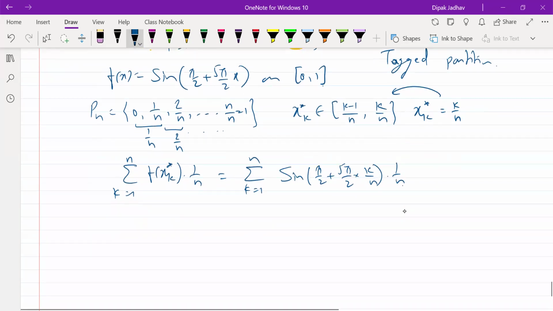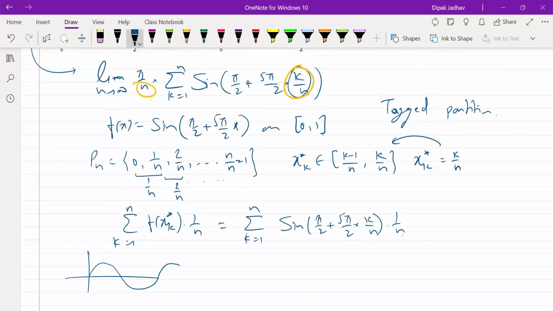Is that okay? In this case, we have chosen a tagged partition because the sine function keeps on oscillating like this. So computing supremum and infimum may be problematic. We may not get the exact limit if we try to use the definition of upper or lower Riemann sum.